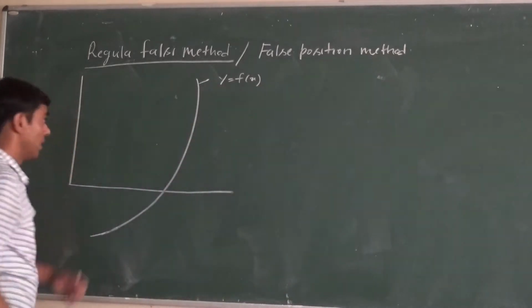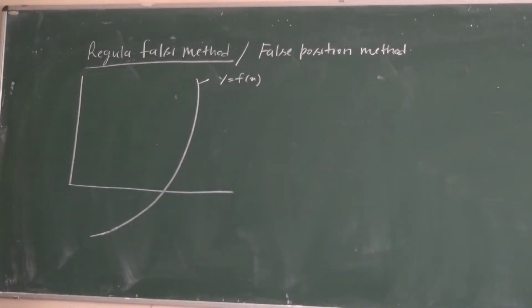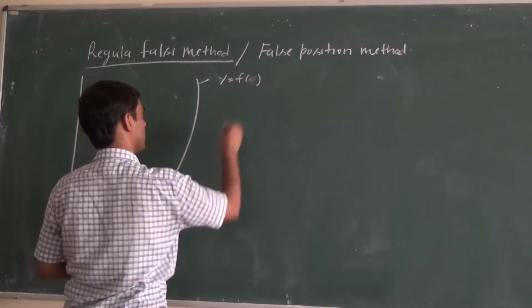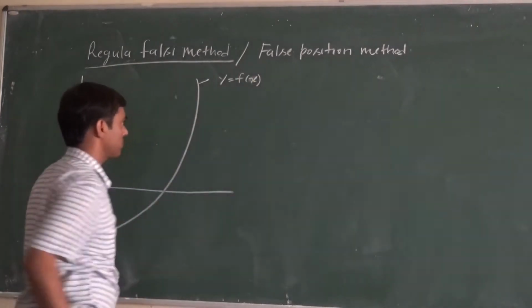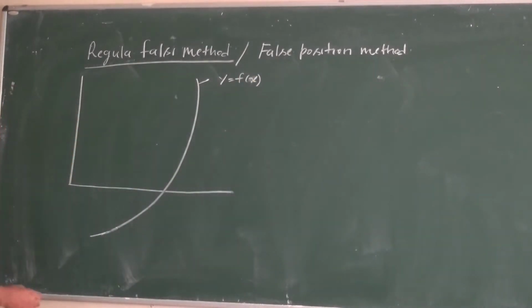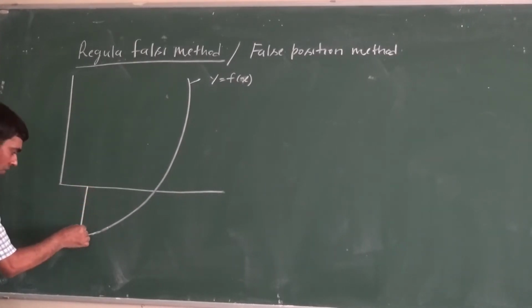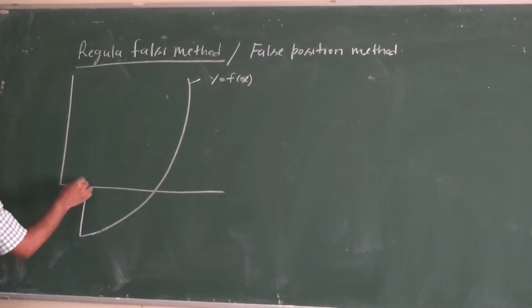As we know, the Regula Falsi method, or false position method, is also a bracketing method. So here we try to find a point where the value of the function is negative.